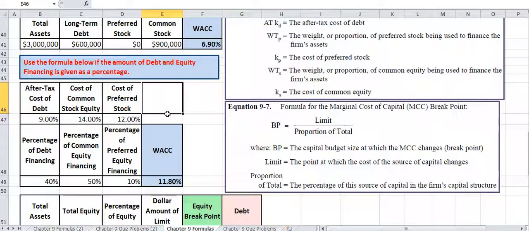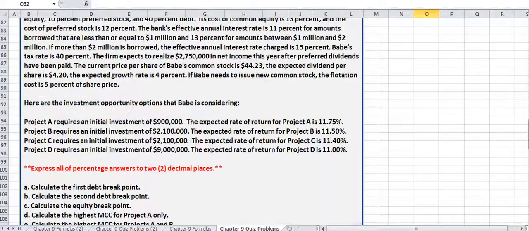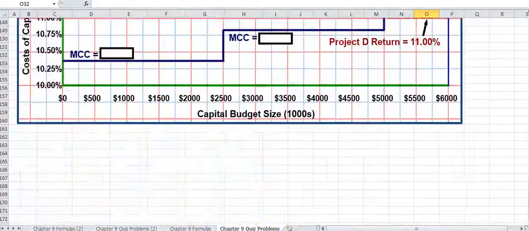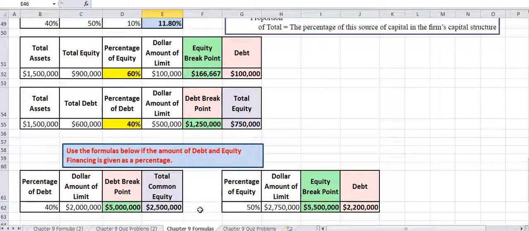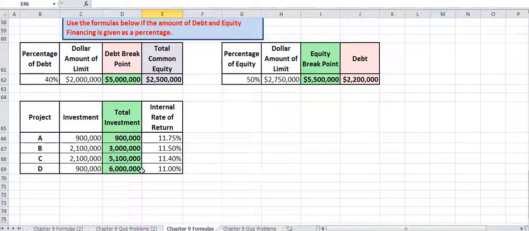And that's going to give us our weighted average cost of capital for over this limit right here. We're over this limit because 6 million total is over the equity breakpoint.